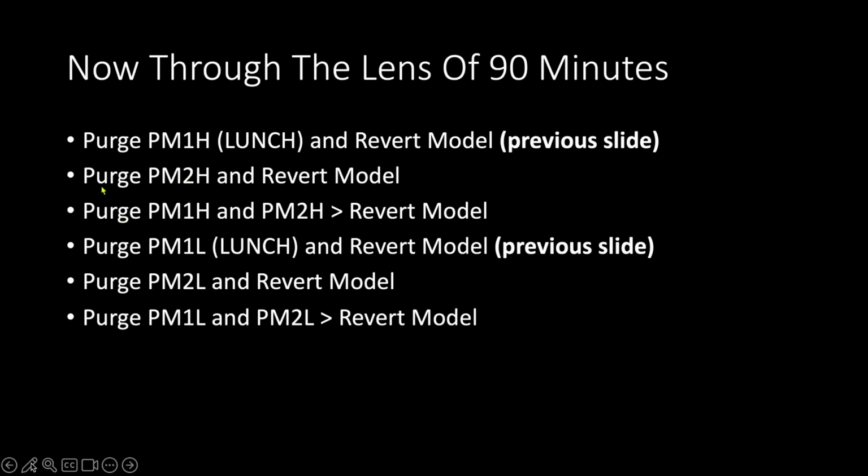The third bullet is the purge of the first PM high and the PM2 high, followed by a revert. The fourth bullet is a purge of the first PM cycle's low and revert model. This was again a previous slide. And then we have the purge of the second PM cycle's low and revert model. And finally, the purge of both the first and second PM session's low and revert model.